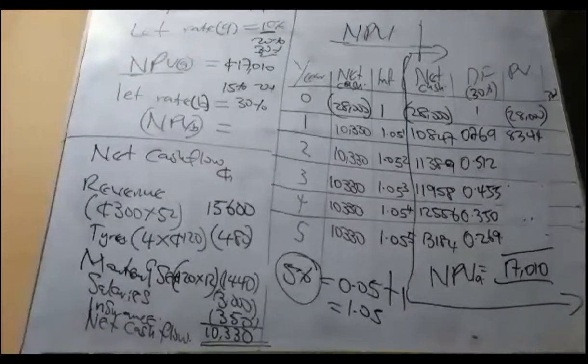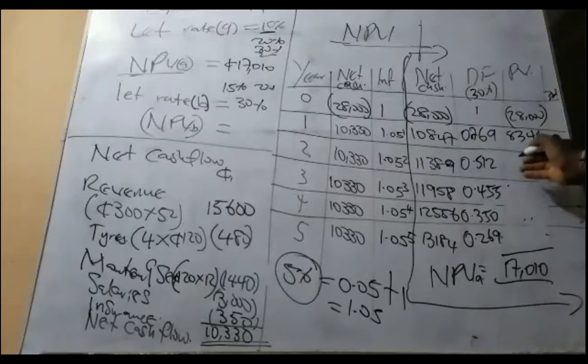Great. And the second one, 0.512 times 11389, gives us 5831.